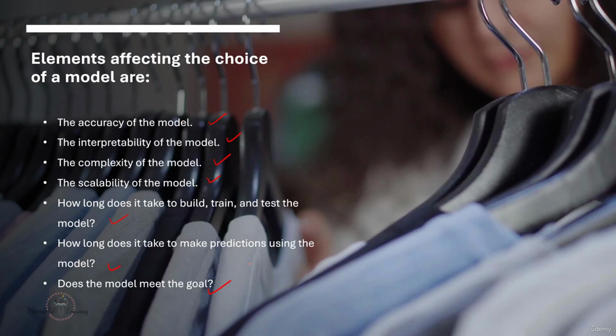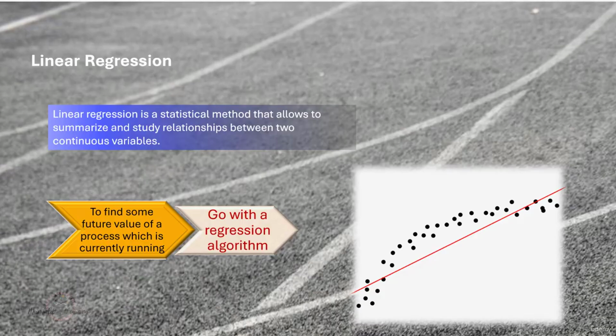Talking about supervised learning, we've got the linear regression model. This linear regression model is a statistical method which helps us summarize and study the relationship between two continuous variables, or more than two if I'm dealing with multiple linear regression. Finding the best values is nothing but finding the parameters of a straight line or a hyperplane which will help me fit the maximum amount of data points.